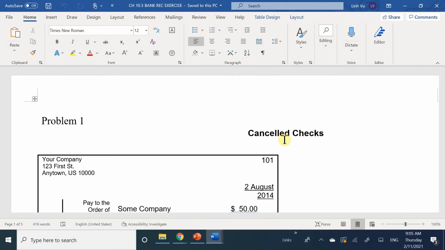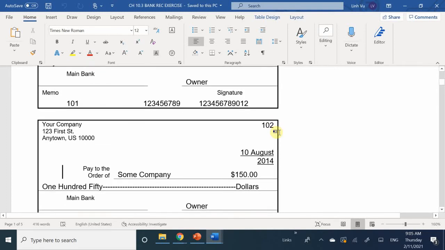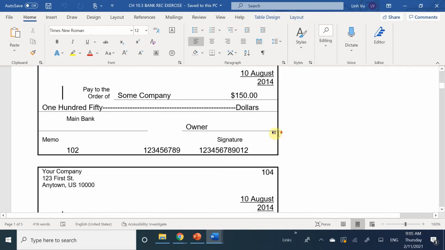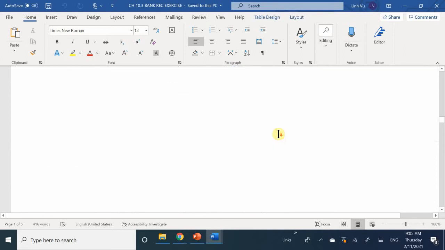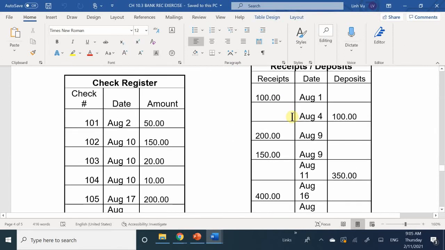That's one factor there. It's very rare that the bank will make a mistake; your bank should most likely always be accurate. Here I have copies of our checks because we want to make sure these are the ones that actually cleared, but we also have our check register to determine that.